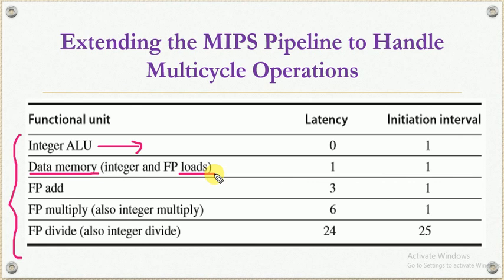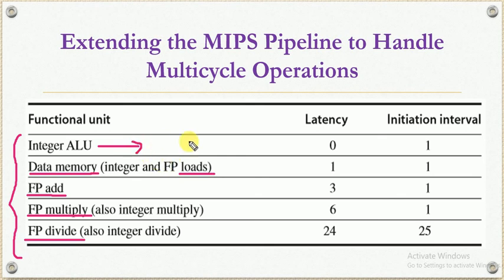Data memory is utilized for the integer and floating point load operations. Then we have a floating point adder, that is a separate functional unit. Then we have the FP multiplier, that is for floating point and integer multiplication, and the FP divide functional unit, that is used for division of integer as well as floating point numbers. We will look at the latency and initiation interval of all these functional units.